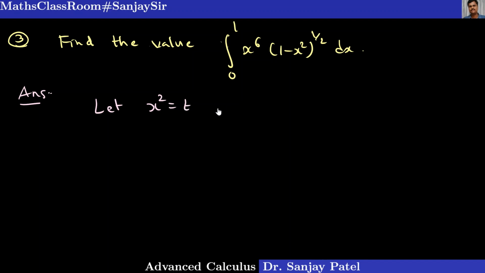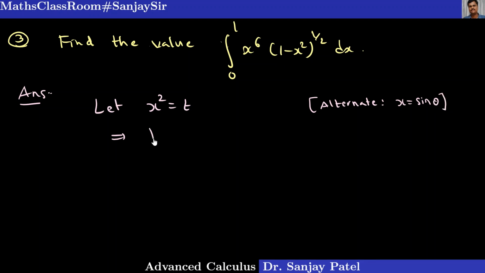You can take some other substitution also, like one can take x equal to sine theta, so it will convert everything into sine and cos, and you can use the beta function. Let me use this x square is equal to t substitution.